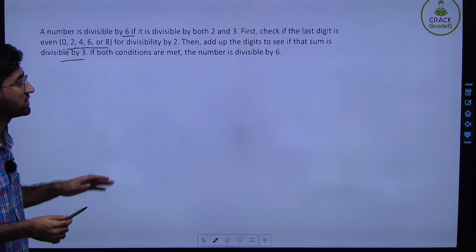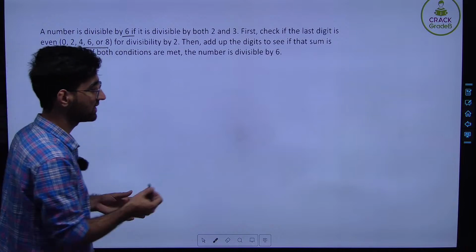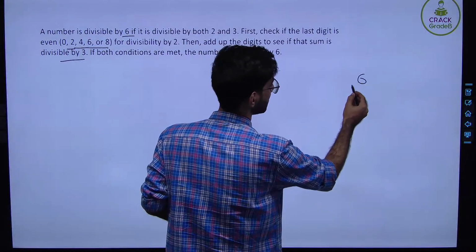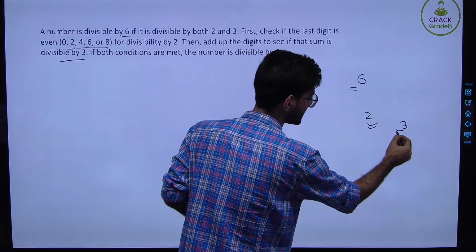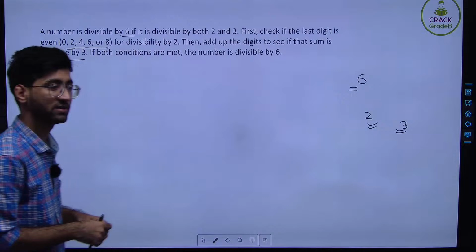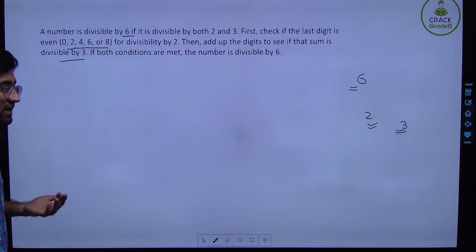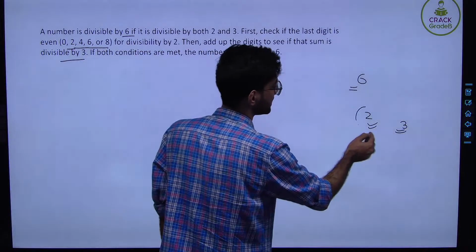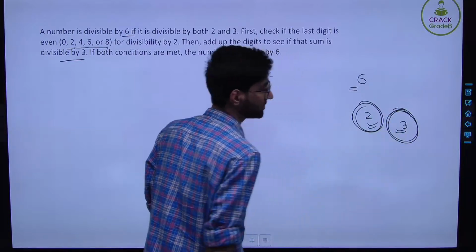There is no different kind of rule for divisibility by 6. Simply, if a number is divisible by 2 and also divisible by 3, then that number is definitely divisible by 6, right?